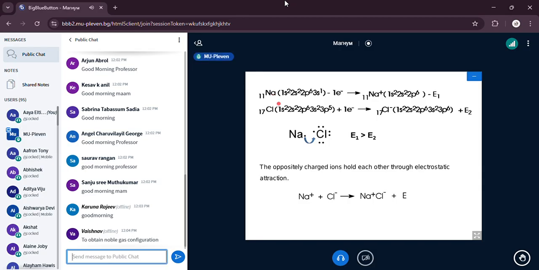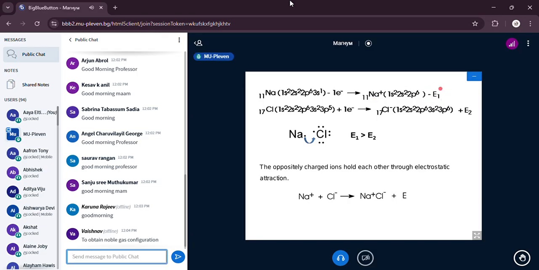First, sodium donates an electron and becomes a sodium ion. This 11 means the atomic number of sodium. I'd like to remind you that the atomic number shows the number of protons. Because atoms are neutral species, it shows also the number of electrons in this atom.